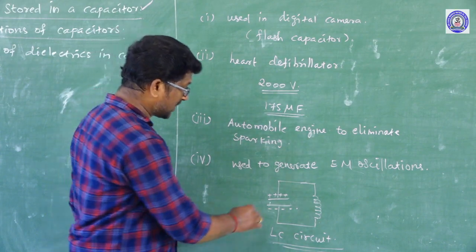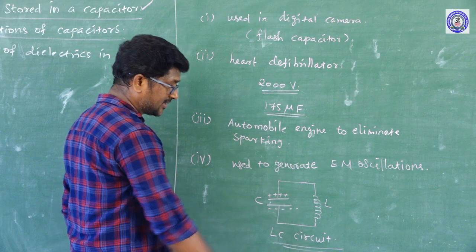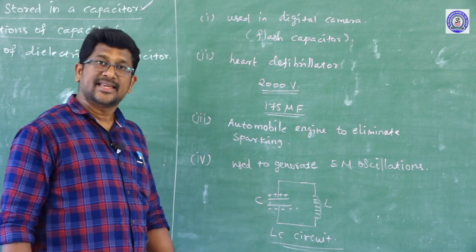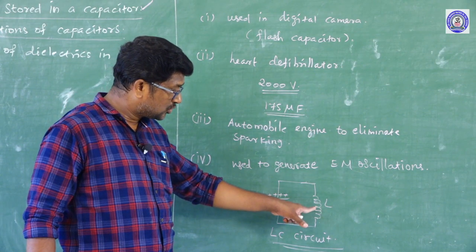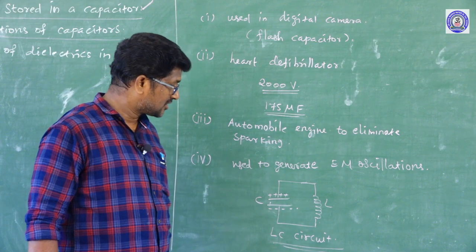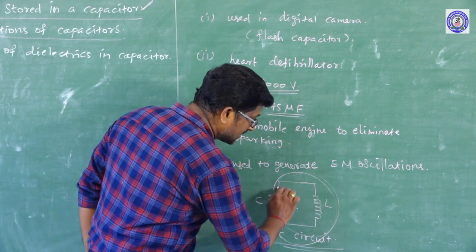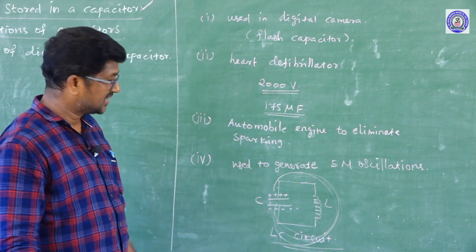If a capacitor of capacitance C and an inductor of inductance L are connected in parallel, like this, then the circuit is called an LC circuit. If the completely charged capacitor is connected to the inductor, an electromagnetic oscillation sets up in the circuit.